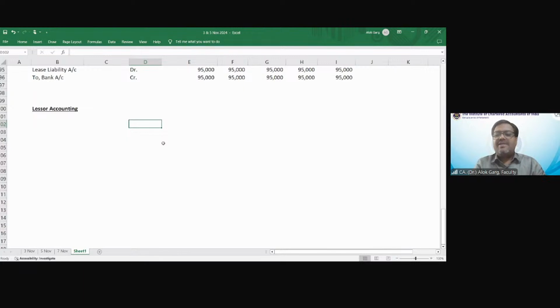On the commencement date, the lessee has paid 10 lakh rupees as an upfront payment for the lease rentals. In this case, what is your ROU asset and lease liability? There is no future lease payment. Everything has been paid on the commencement date.